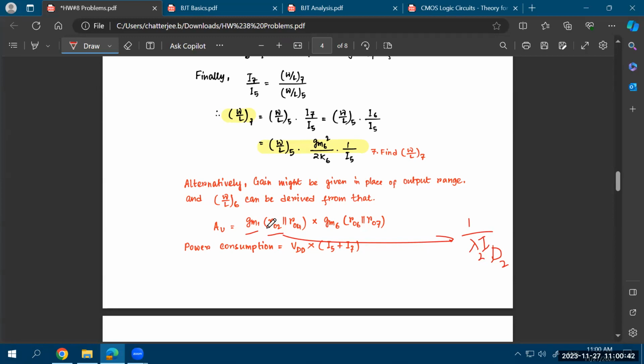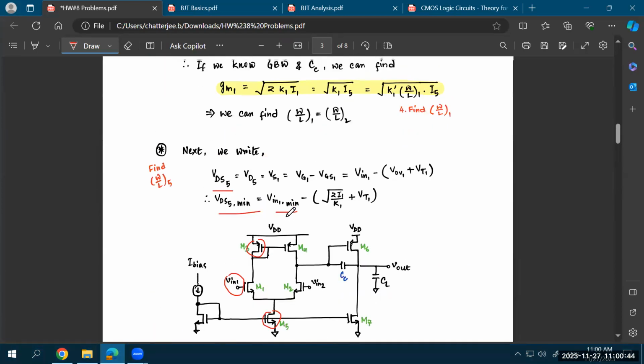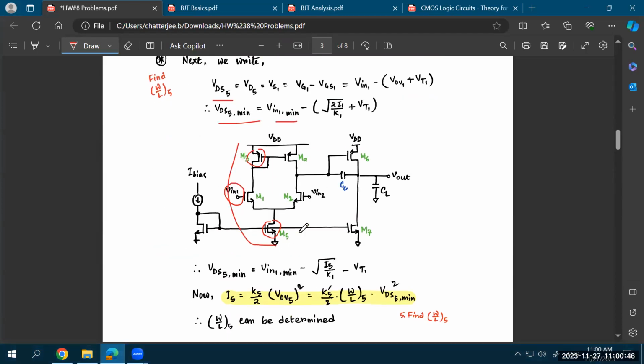So you can find out the overall gain, the total gain in this system. That would be the gain of the differential amplifier stage. So that's GM1 times RO2. So RO2 is the RO looking down at this output node in parallel with RO4. That is the RO looking up at this output node. So basically, again, what is the overall output impedance at this node?